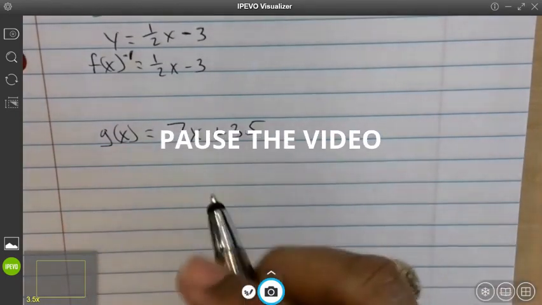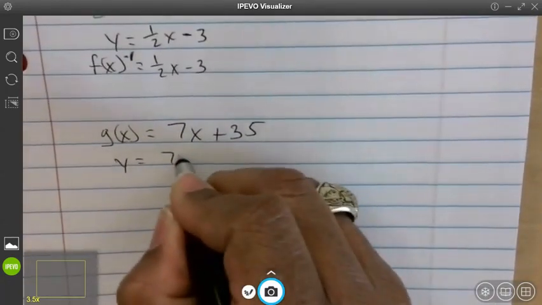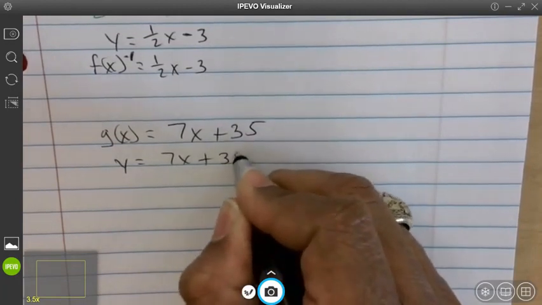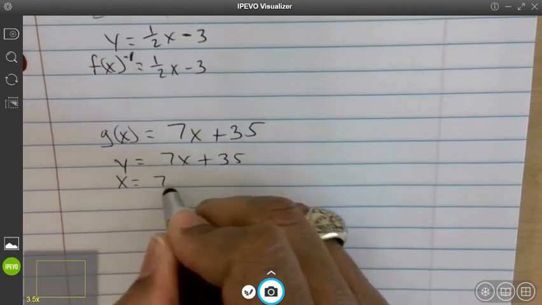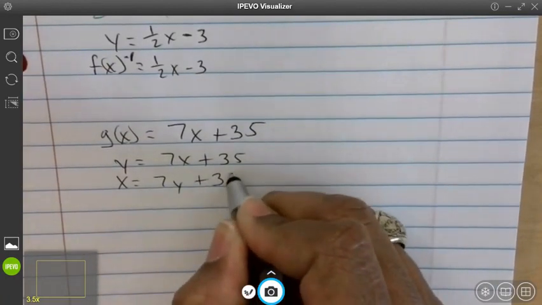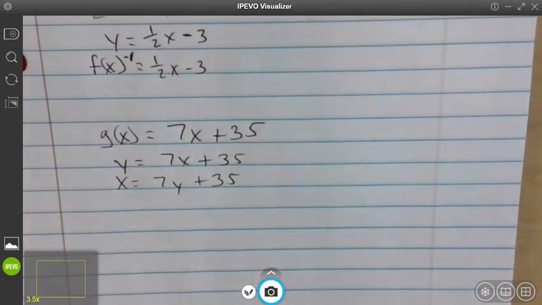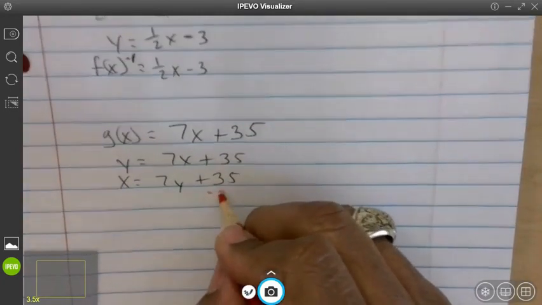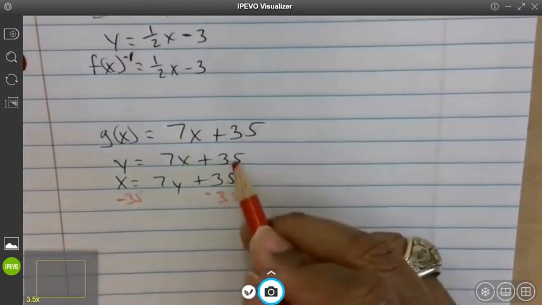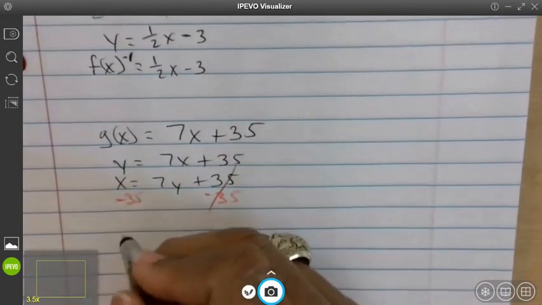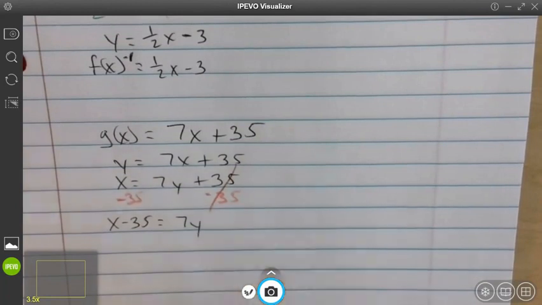Now let's see if you did this right. Remember our steps. We'll make this a regular equation, so y equals 7x plus 35. Next step, switch the x and y, so it'll be x equals 7y plus 35. Now we're going to solve for y. We subtract 35 from both sides of the equal sign. That cancels out. So on the left side I have x minus 35 equals 7y.